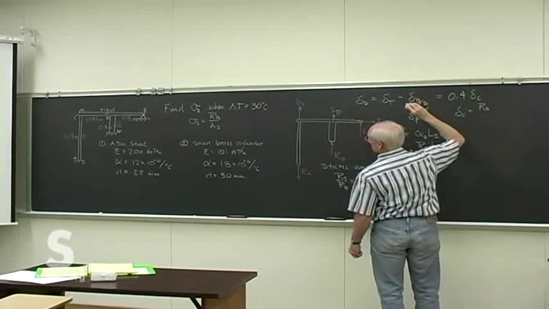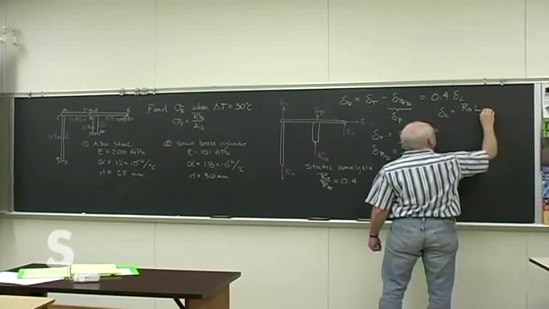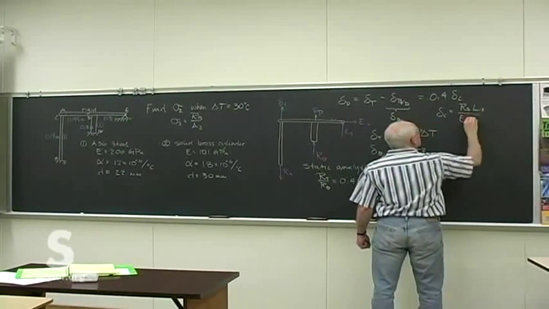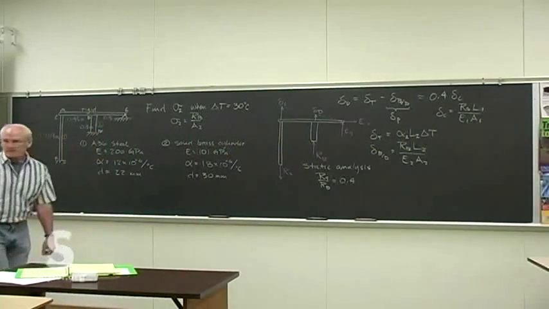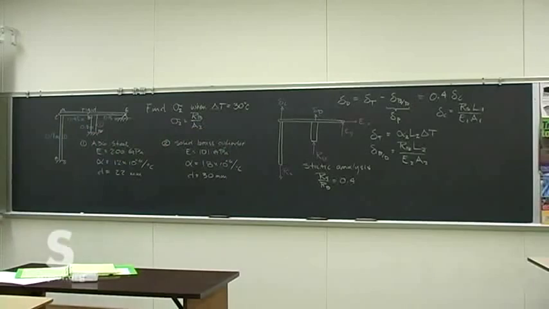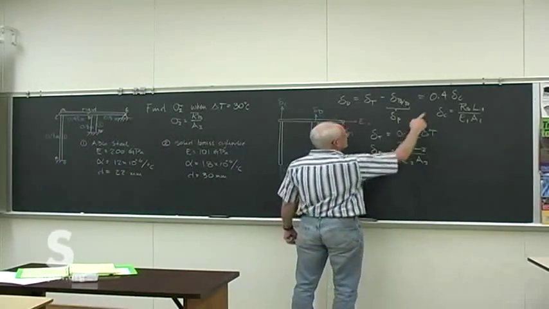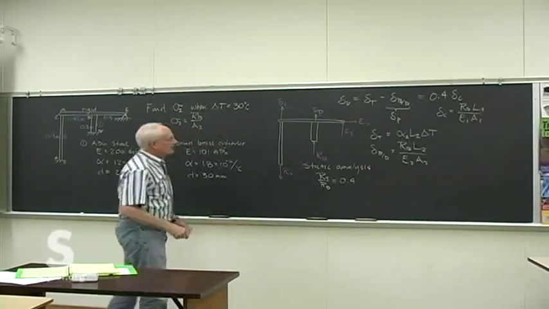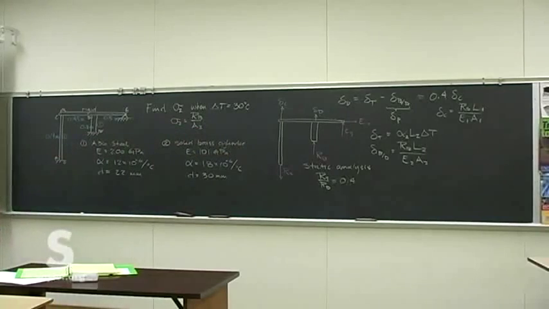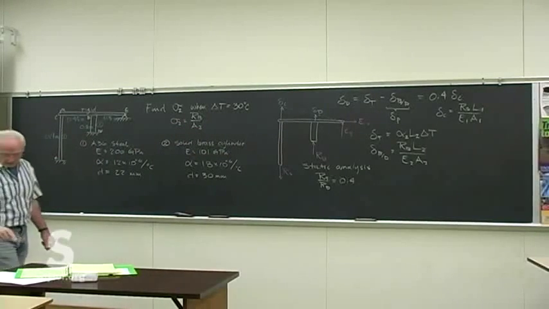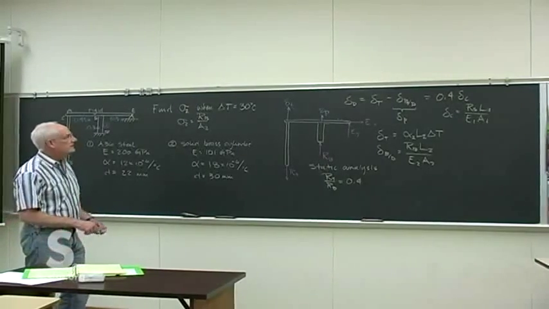RS, L1, I guess it is, over A1. So we've got all the pieces we need then to find the reactions. Those reactions are all unknown, so are the actual deflections themselves, but we have enough equations, enough unknowns to find them all. I think that's all the pieces, 4 equations, 4 unknowns.